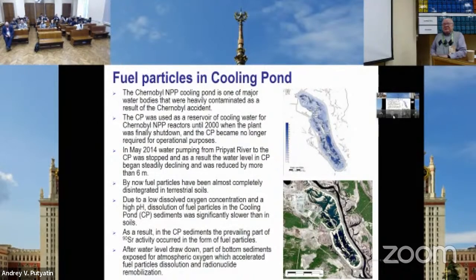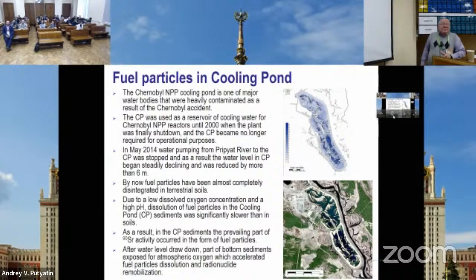dissolution of fuel particles and their decomposition is oxidation of nuclear fuel, uranium dioxide, to uranium trioxide or intermediate oxide, UO2+x. So the point is that uranium trioxide is much more soluble as compared with uranium dioxide, with real nuclear fuel.